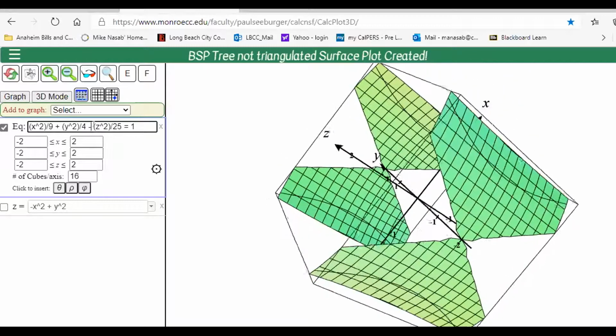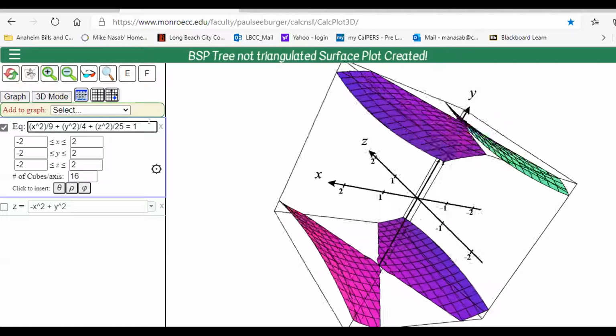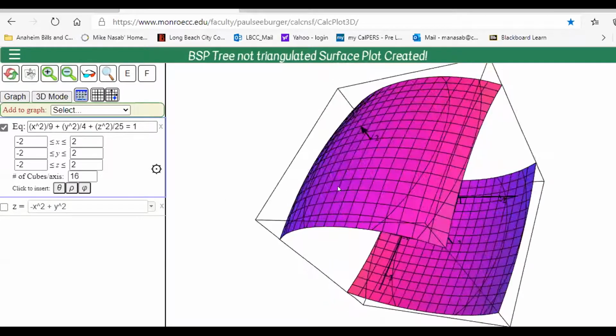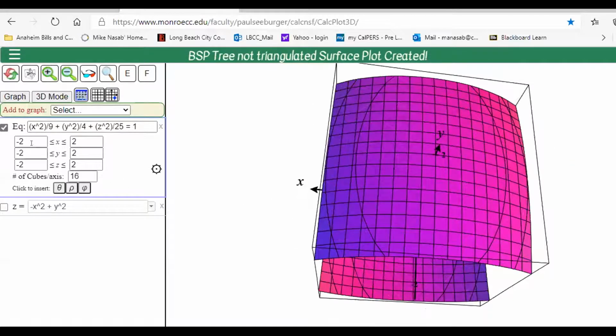I have no idea. Let's see if we change this to plus, would that look like an ellipsoid? Wow, not even close. Do you think that has to do with this guy, which is the range of the X and Y? Could be, possibly, yes.